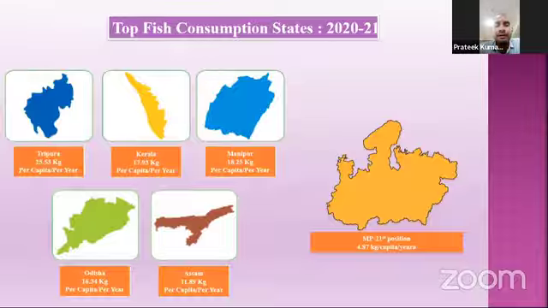We know that these states of India are regionally connected to fish consumption, which is an essential food in daily routine, like Tripura, Kerala, Manipur, Odisha, Assam, and the southern states are also fish-consuming states. Next, please, ma'am.